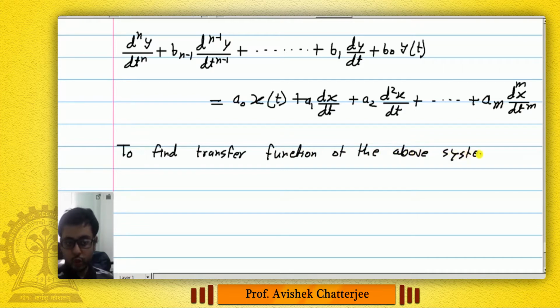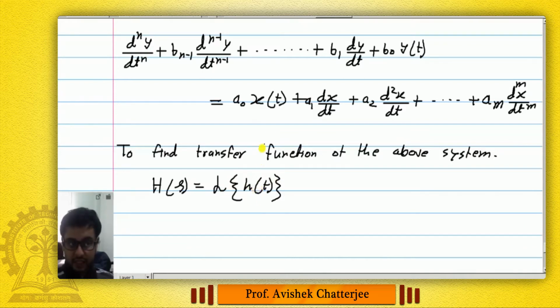Now you can do it in different ways. First of all, you know that transfer function is the Laplace transform of the impulse response. So you may first find the impulse response.